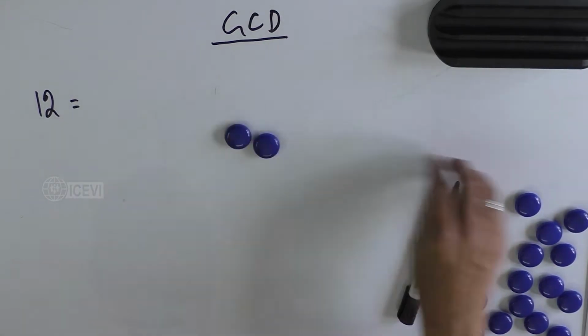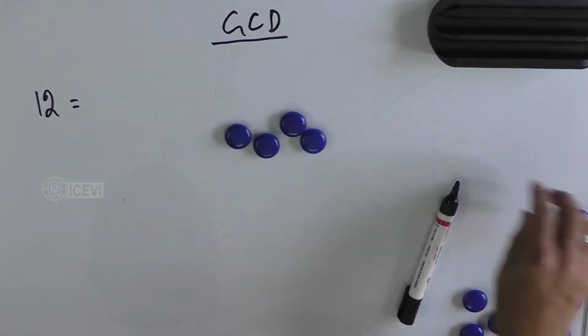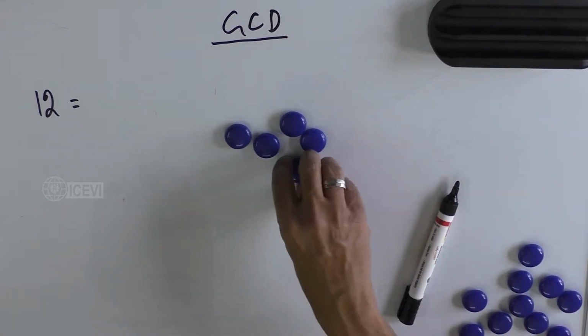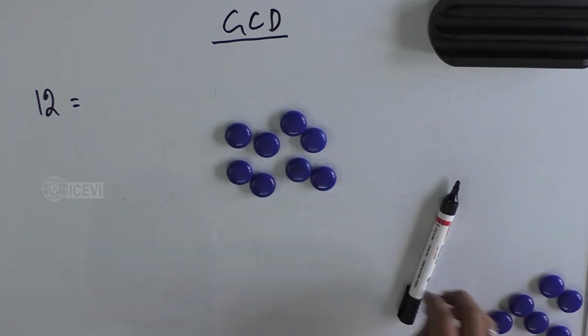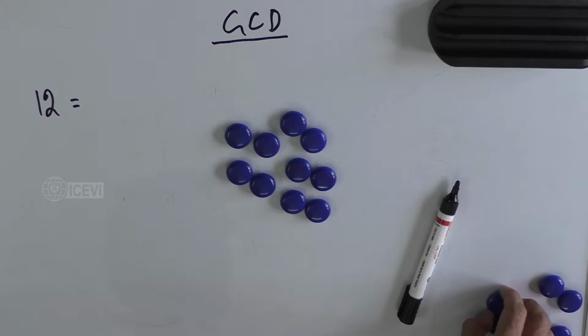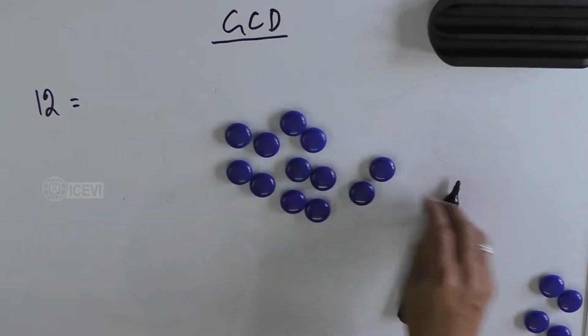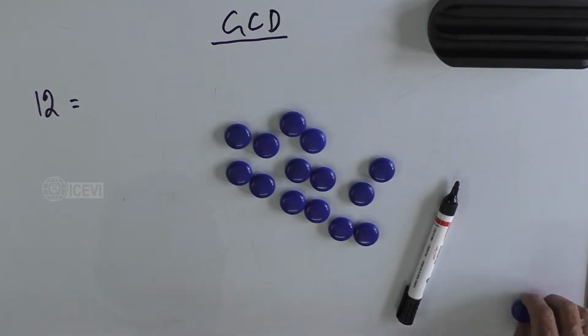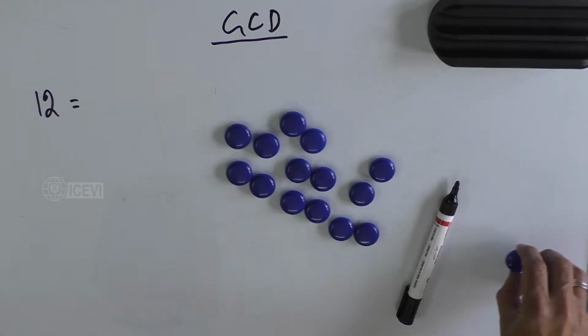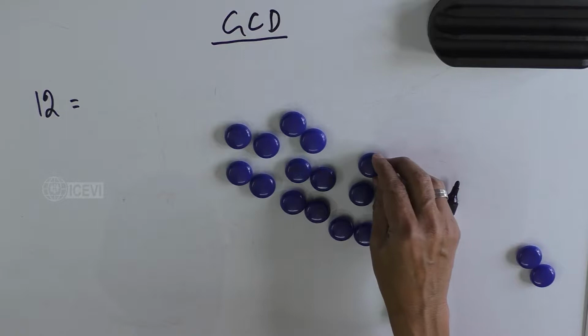So let us take 12 magnets. Now ask the child to take 2 at a time. If we get no remainder, then that particular number can be called a divisor.